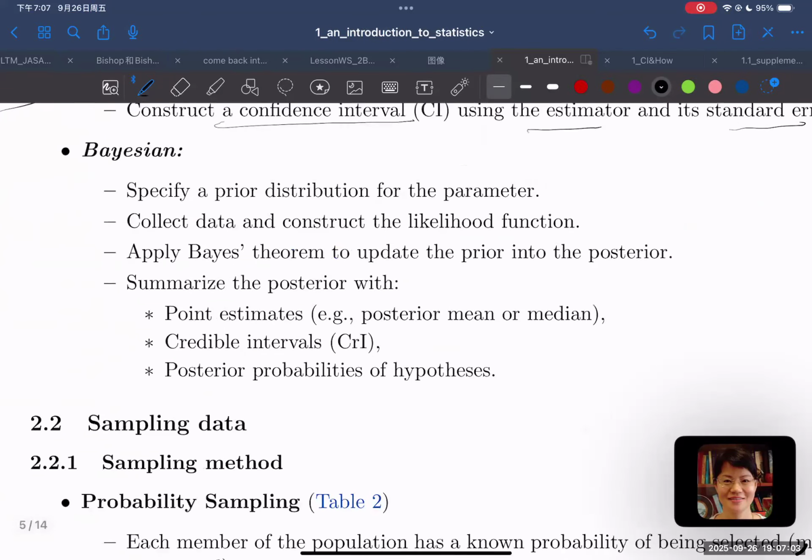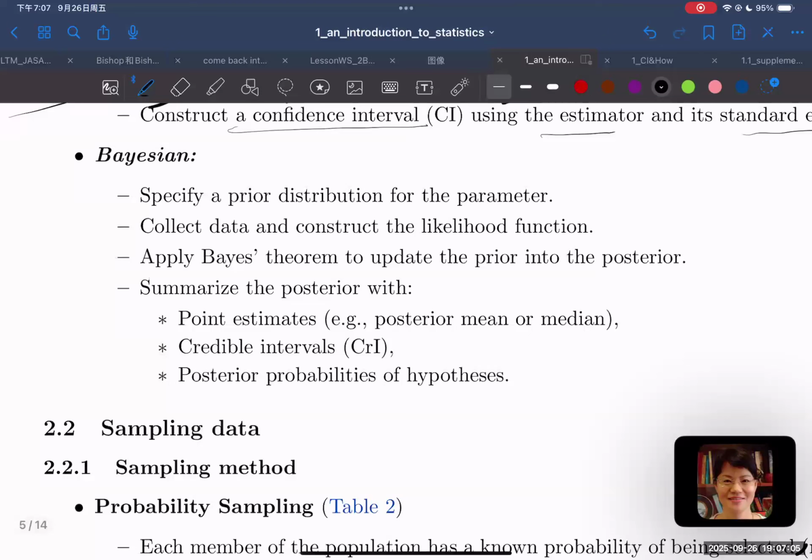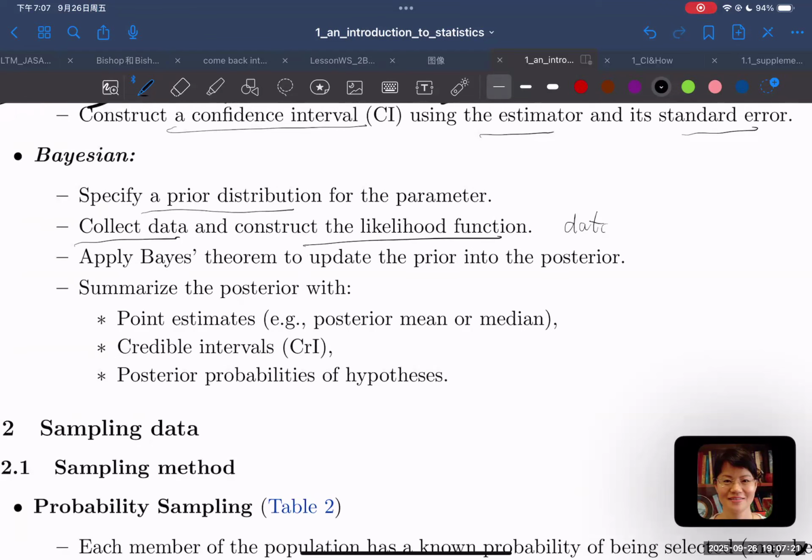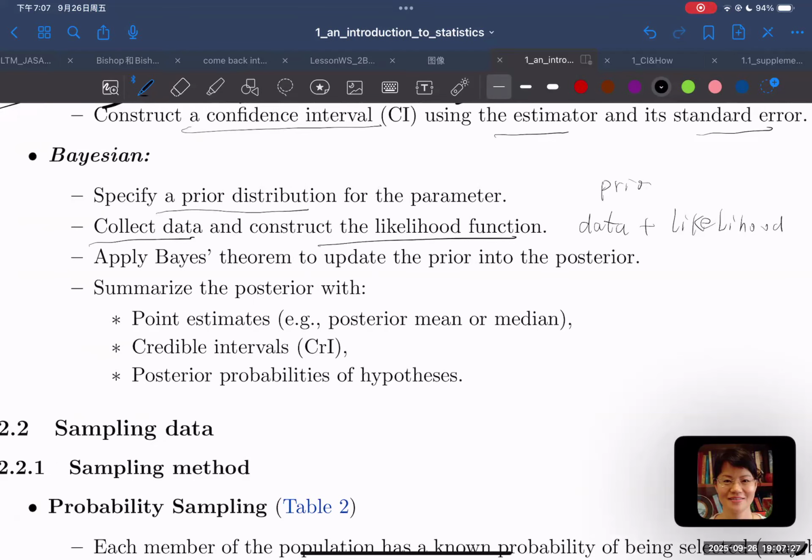Next one, let's go to Bayesian. For the Bayesian, you specify a prior distribution for the parameter, and then collect data and construct the likelihood. See the one I just wrote; I would like to write again. Here you have data plus likelihood, and here is the prior.